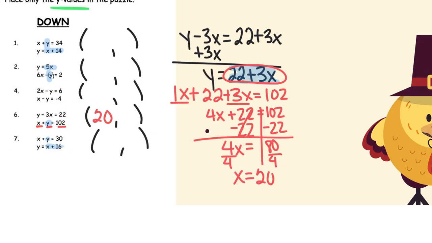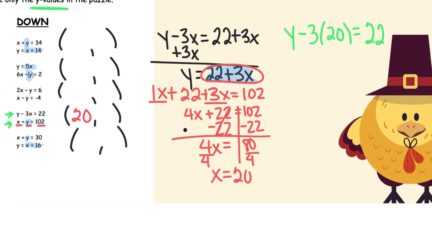Okay? We have to pick an original equation. So do you want to use this top equation or this bottom equation? The top? Okay, that's fine. So we're going to say y minus 3. But what's my x now? 20 equals 22.